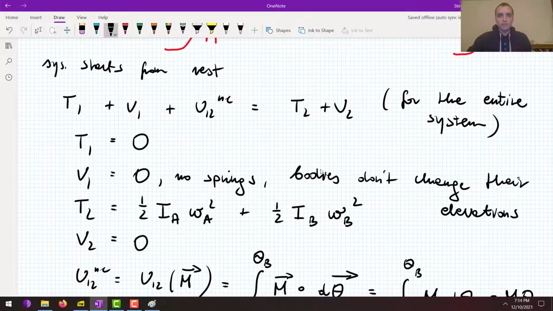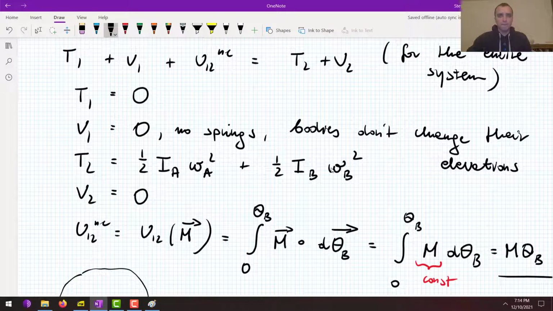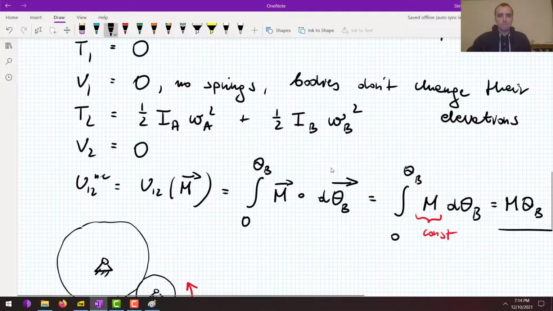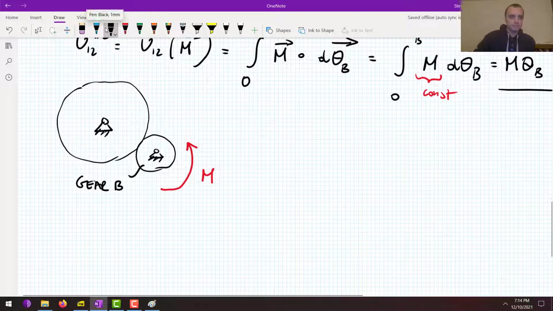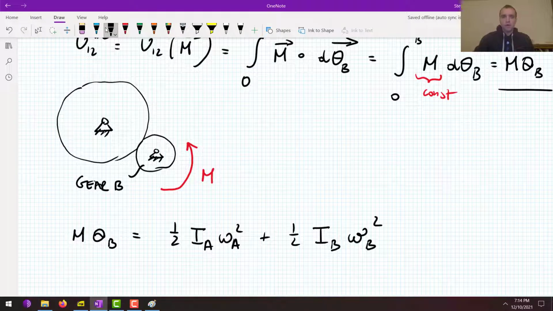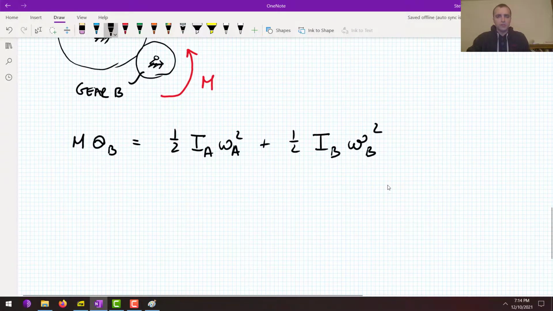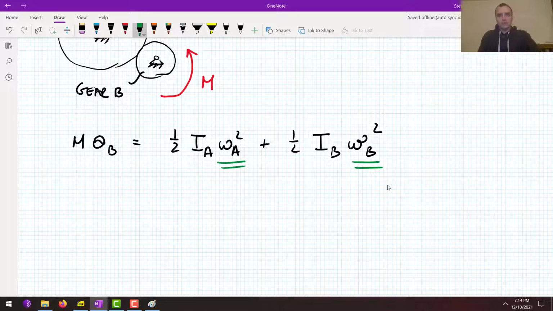So let's plug everything back into our original equation. We will have here M theta B equal to 1/2 IA omega A squared plus 1/2 IB omega B squared. Now I think we should find some relation between omega A and omega B. That's trivial, right?